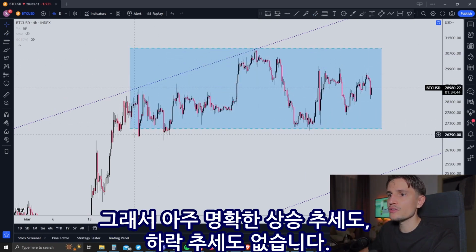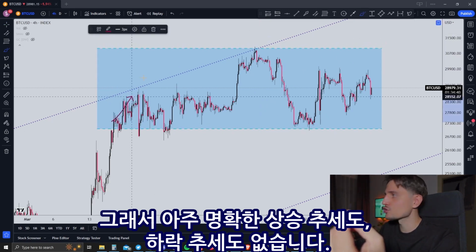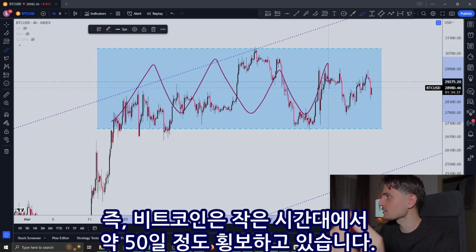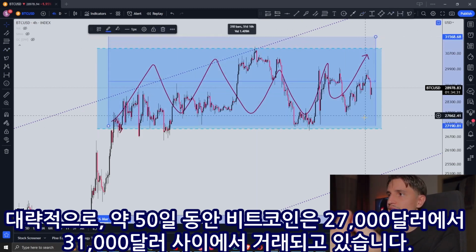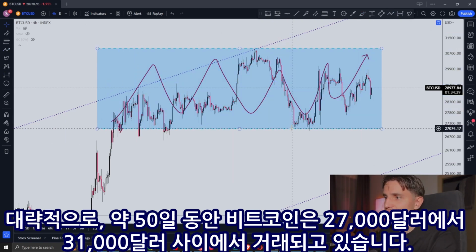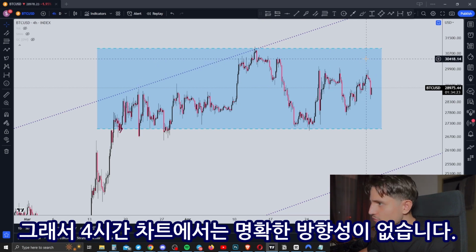So we have not a very clear uptrend and not a very clear downtrend. So basically Bitcoin is going sideways on the smaller time frames for about 50 days, trading between $27,000 and about $31,000. So there is no clear direction on the 4-hour time frame.